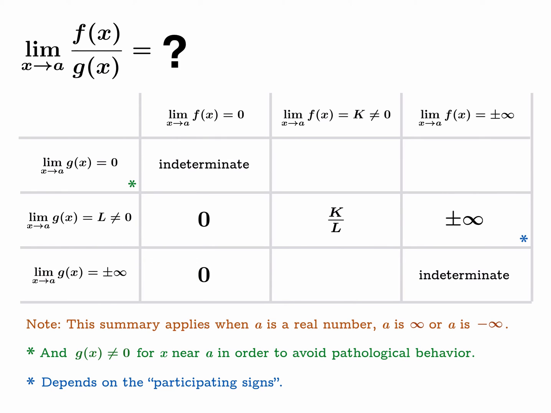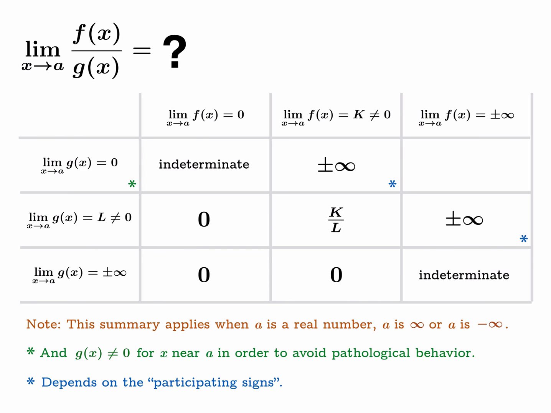Now, in this cell, the numerator is going to 0, the denominator's diverging to infinity or negative infinity. That's only going to make the magnitude even closer to 0 when you take the quotient. That limiting value, not surprisingly, is 0. And similarly, if your numerator is going to a non-zero constant, that's not going to help the situation. You're still going to divide by something that's blowing up in magnitude, and so that limiting value should be 0.